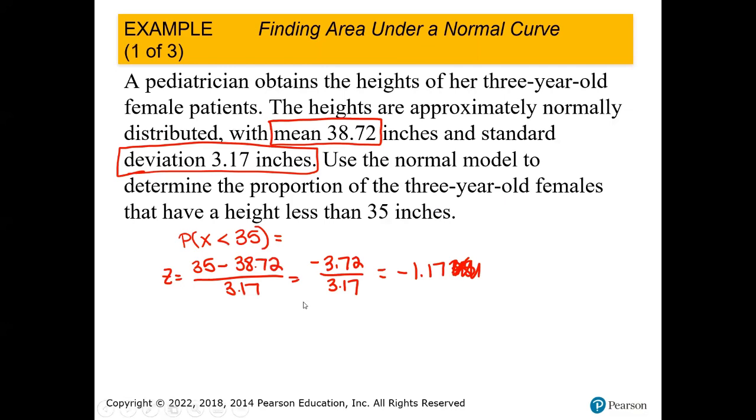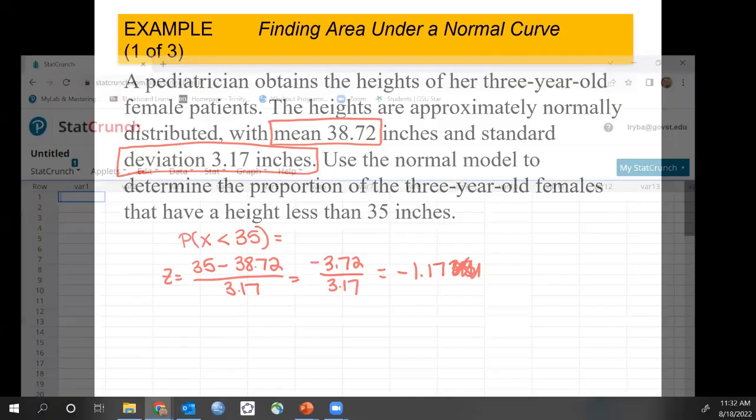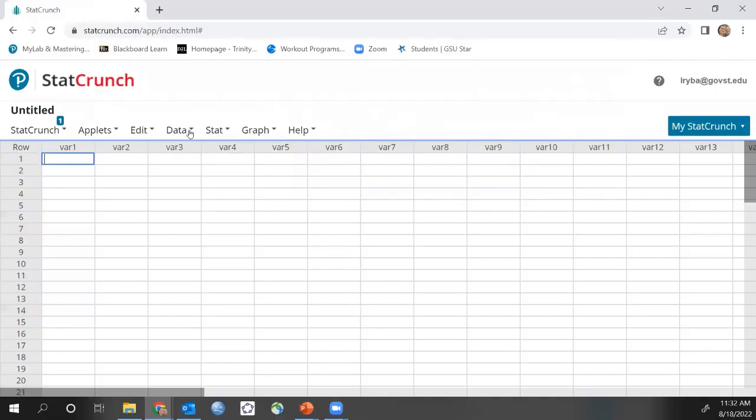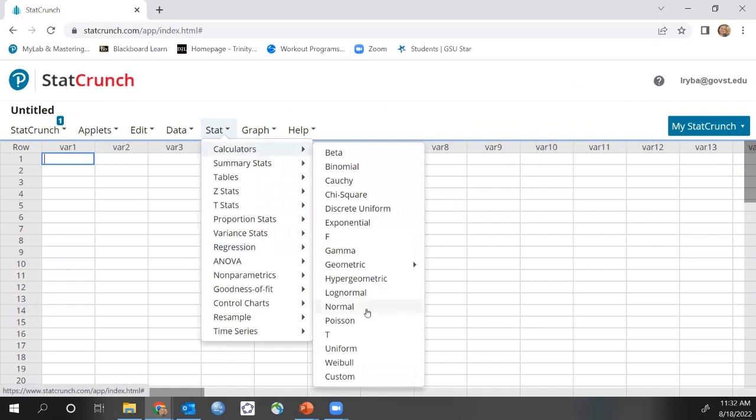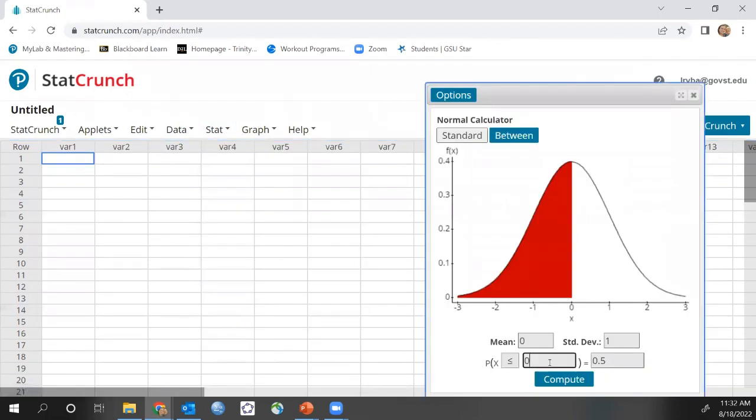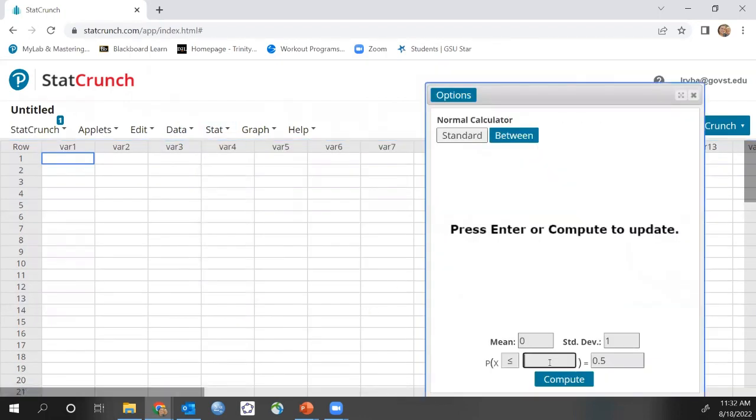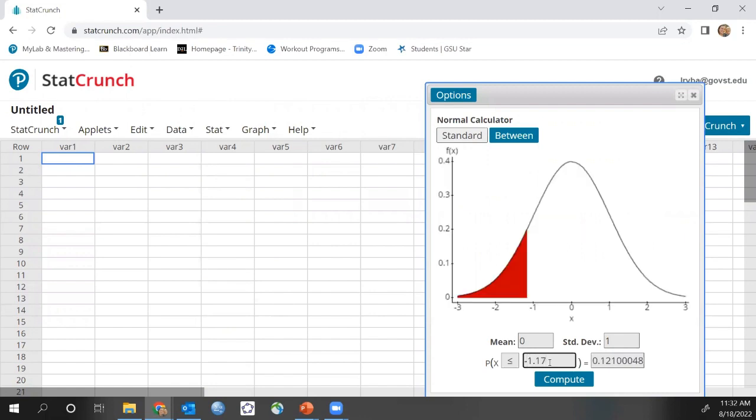Then I can go back to StatCrunch and open back up my normal calculator, and we type less than negative 1.17. We get 0.1210.